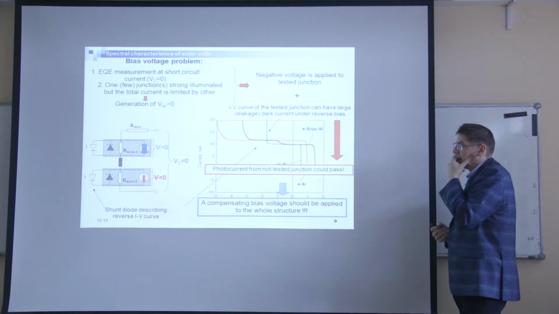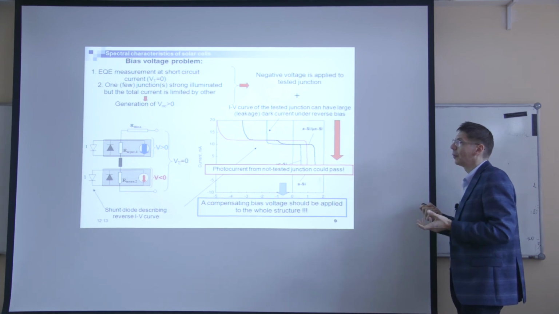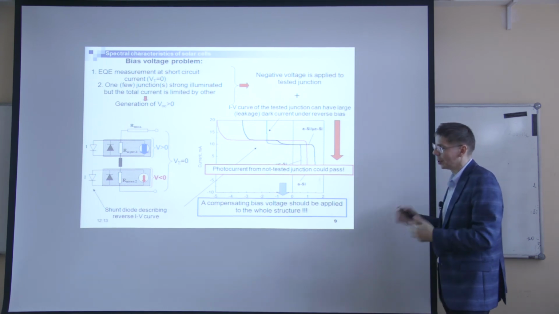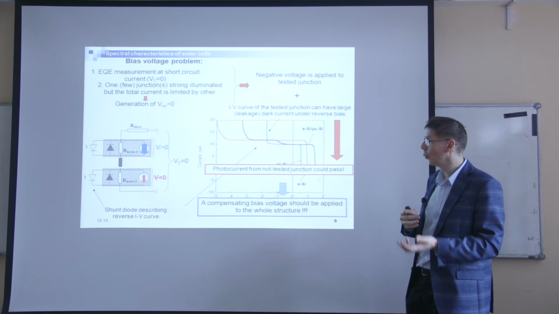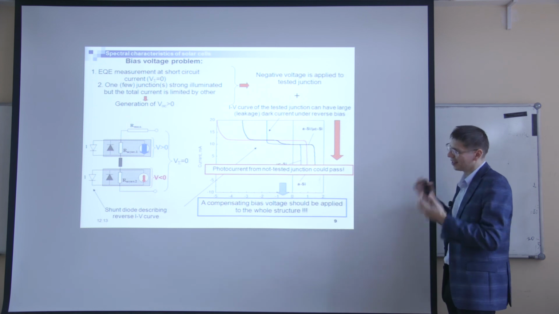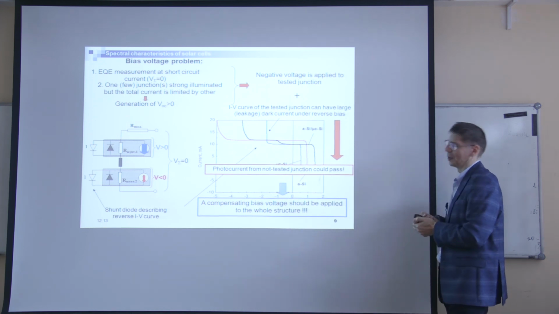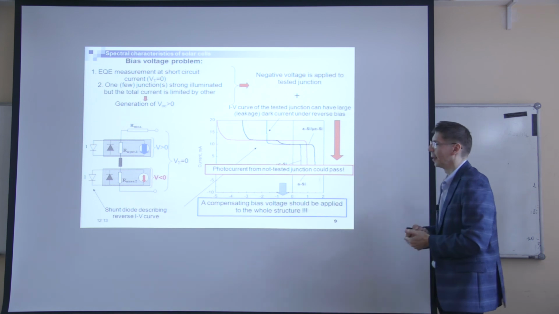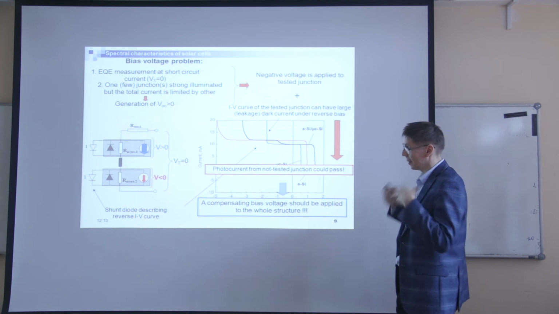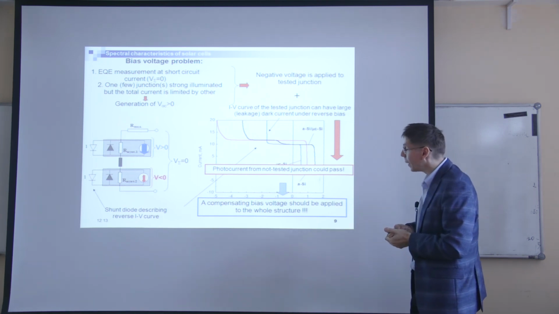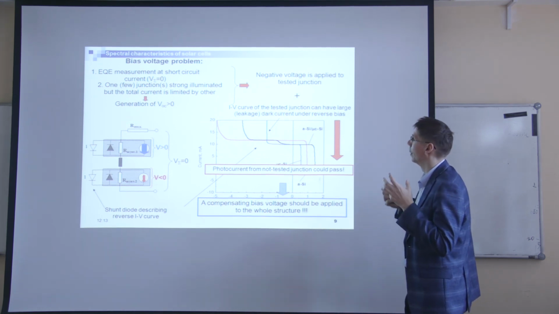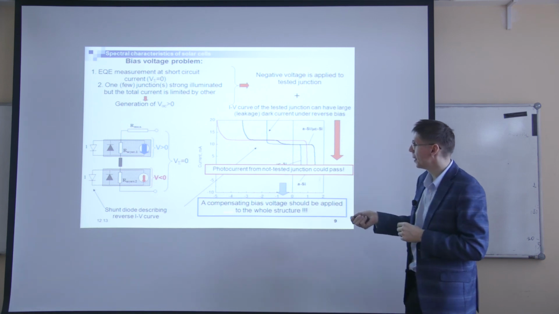So first of all, you have to analyze if it could be the case or not, because if you measure the short circuit, the IV curve, and if you perform some different measurement using the light, you should have some ideas about the spectral response of each junction in any case. And if you see that this problem occurs, there is a way to avoid it, which is to apply some compensative voltage.